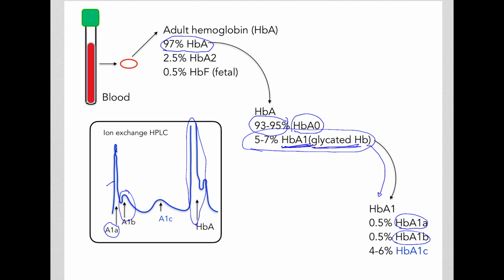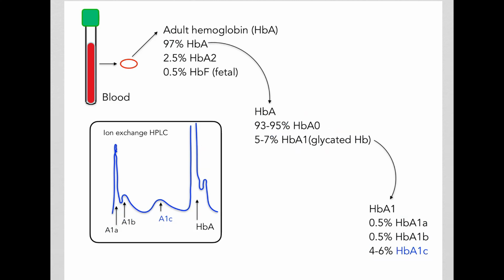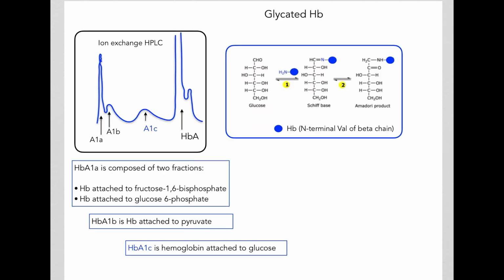And the major form is HbA1c, that makes about 4 to 6%, and that's the peak here. So what is this glycated hemoglobin? Now glycated means attachment of carbohydrate.